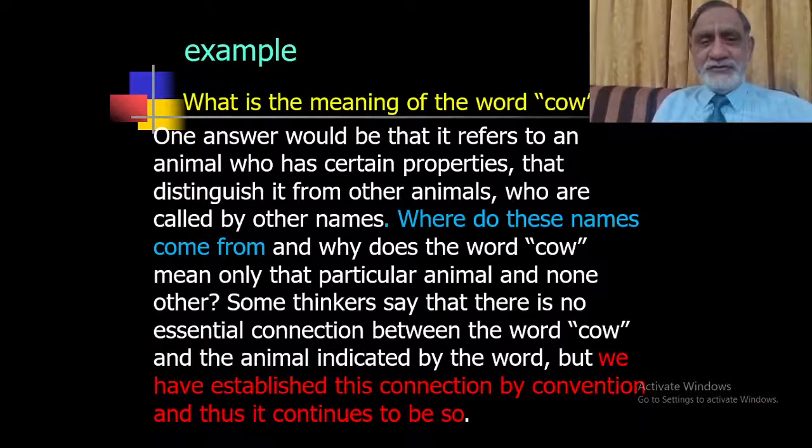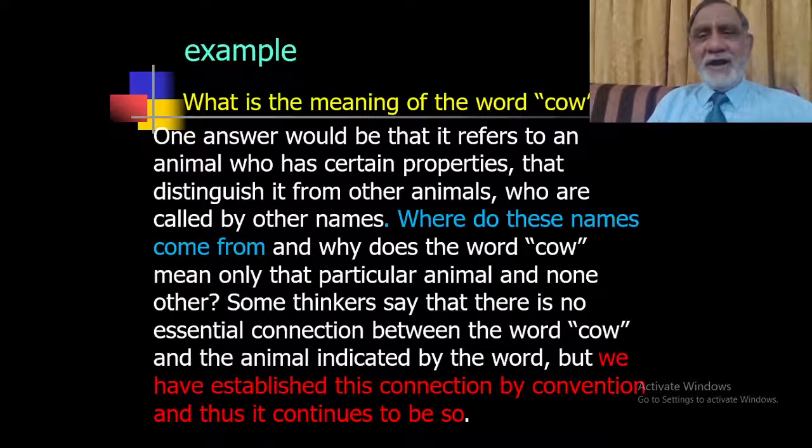So where do these names come from, and why does that word cow mean only that particular animal and none other? Some thinkers say that there is no essential connection between the word cow and the animal indicated by the word, but we establish this connection by convention, and thus it continues to be so.